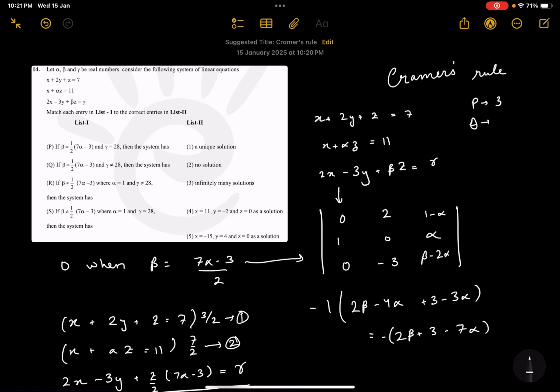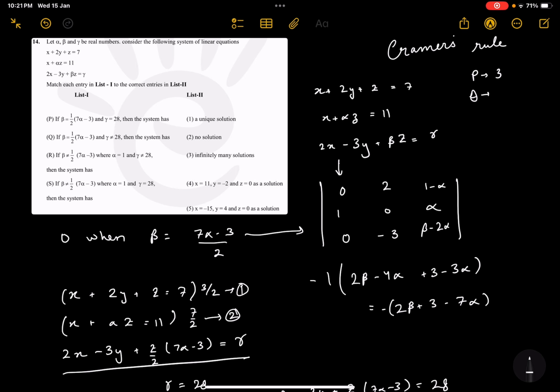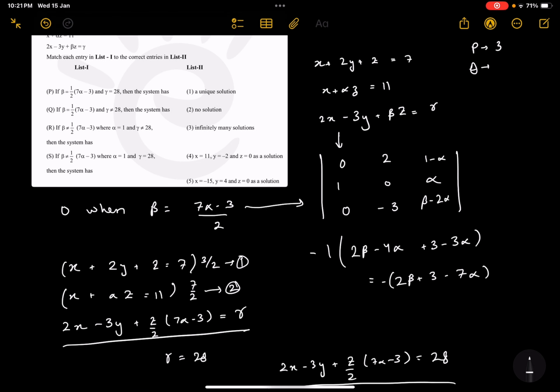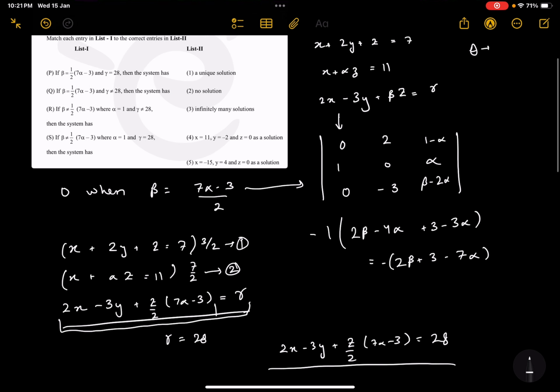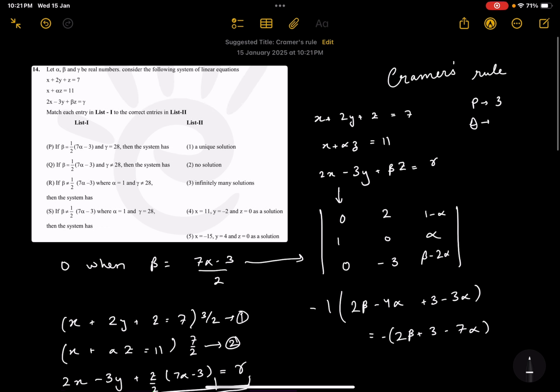Q is mapped to beta is 7 alpha minus 3 by 2. That makes the third equation a linear combination of first two, and then we'll have that gamma needs to be 28. If gamma is not 28, there will be no solution, because this will give us that this expression is gamma and this expression is 28, and if gamma is not 28, then we'll have a contradiction, so basically no solution.